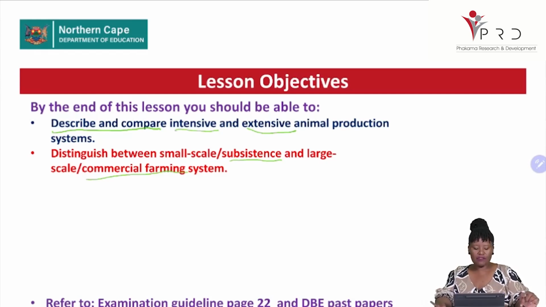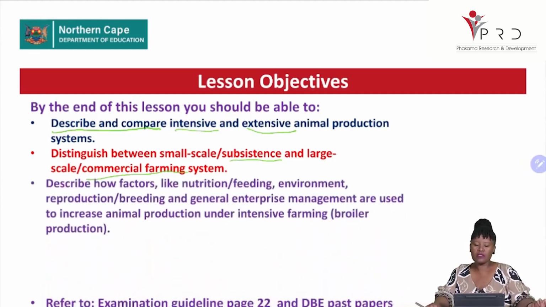On farming systems, you are expected to distinguish or differentiate, which is the same as tabulating or comparing subsistence farming with the commercial farming system. At some point, you'll be asked to do a comparison between subsistence farming and extensive or intensive. So you can be asked to compare the production systems and the farming systems. Some of the questions I used are like that.